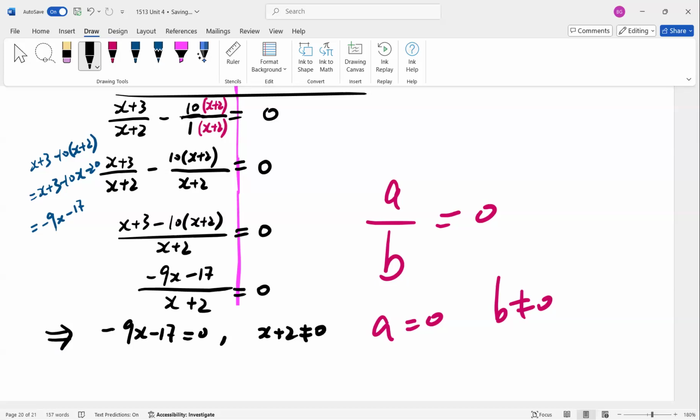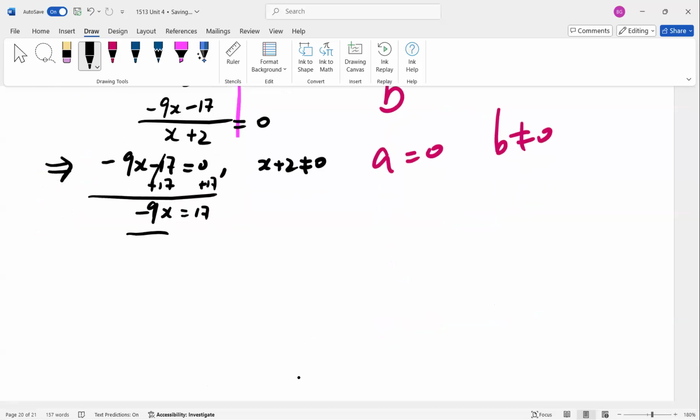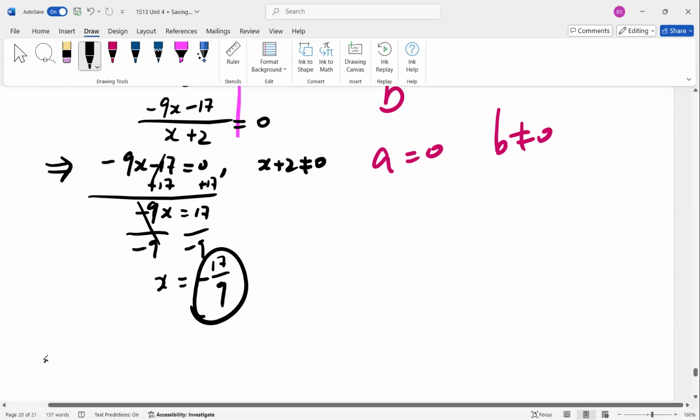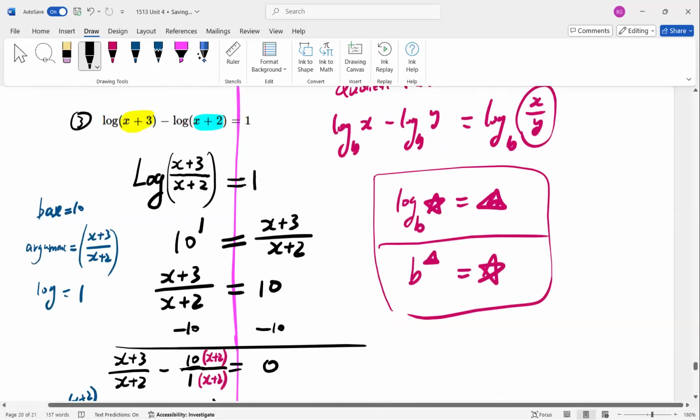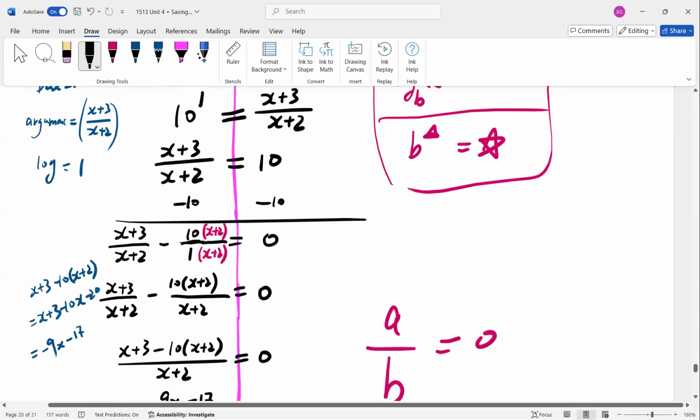Numerator has to be 0 in order for the quotient to be 0. Denominator can never be 0. That's common sense. And then we can solve this equation on the left. Plus 17. We have negative 9x equals 17, divide each side by negative 9. x equals negative 17 over 9. That's the proposed solution.